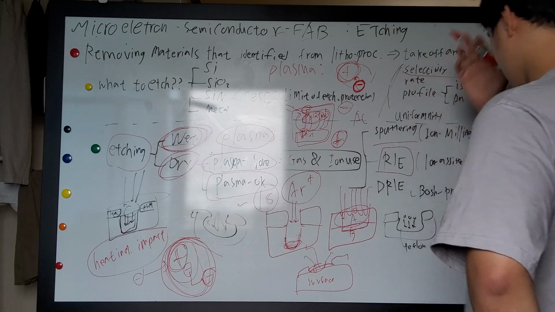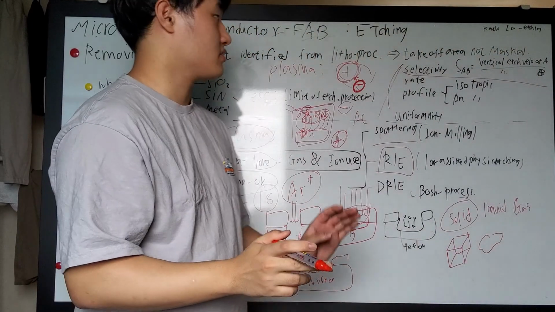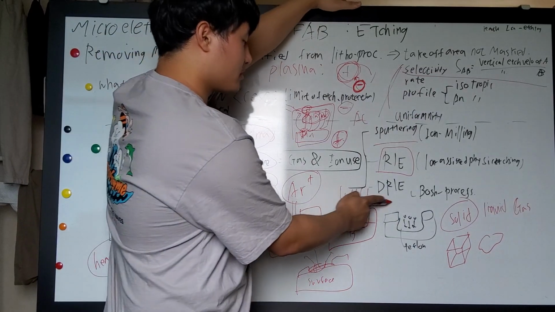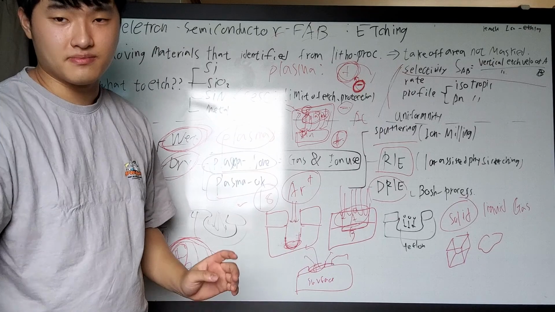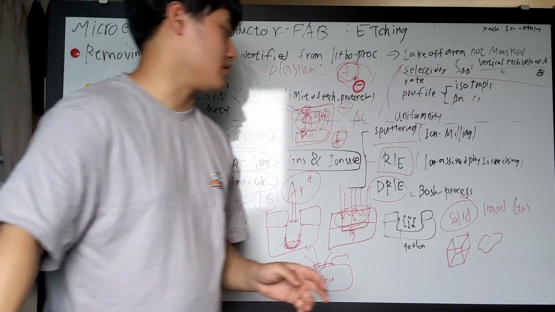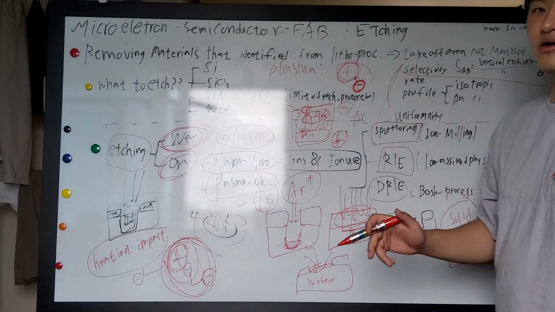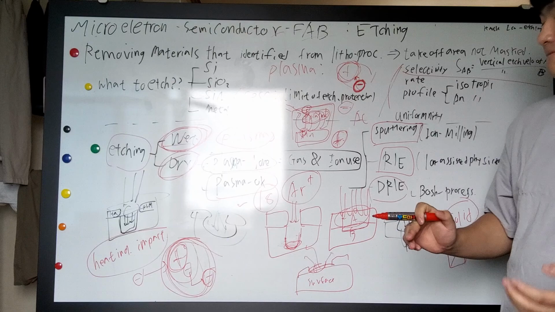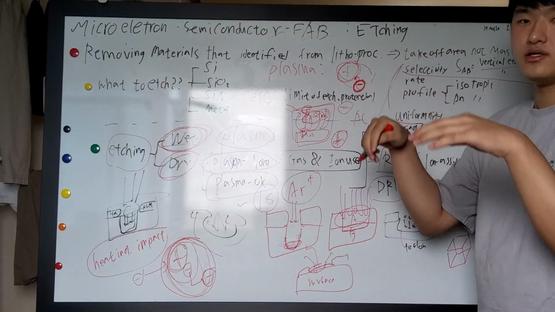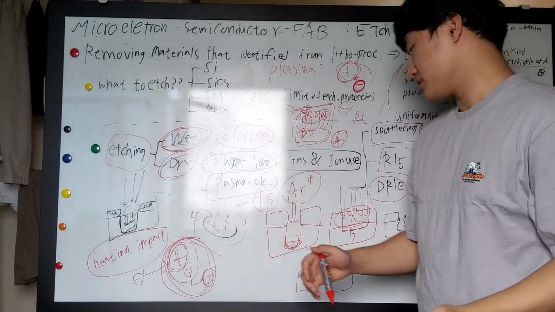RIE means reactive ion etching, and finally, DRIE, deep RIE. Okay. Sputtering can be said to be the previous case I described. Just hitting, the ion keeps hitting, but here are some problems.